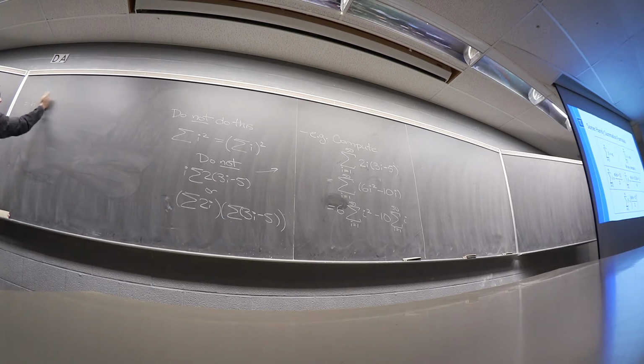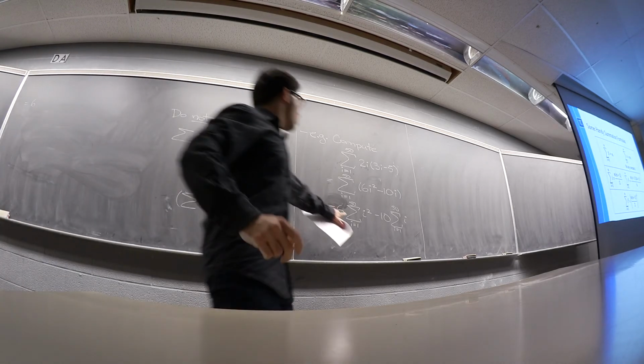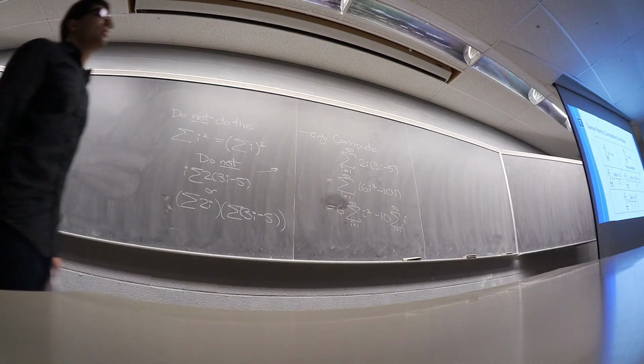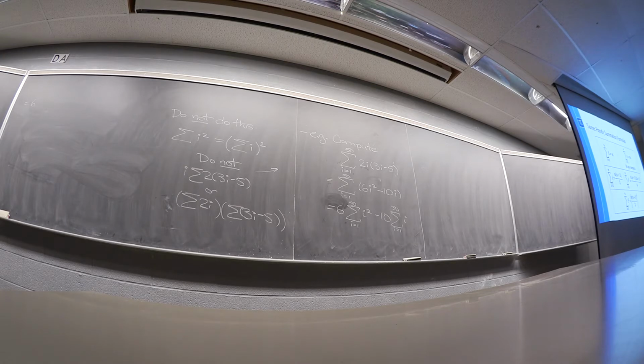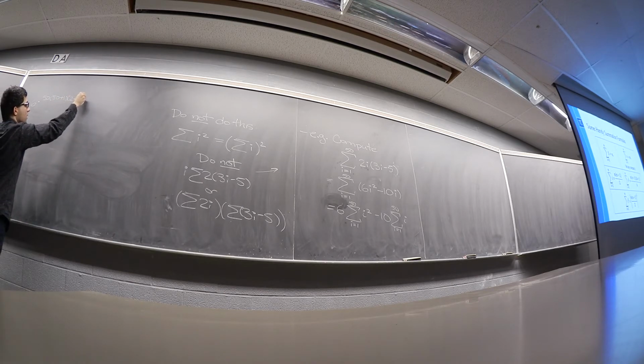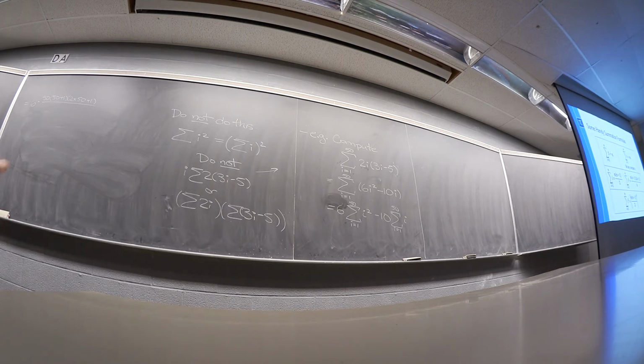Good. Okay, so the sum of the squares from 1 to 50 is going to be 50 times 51 times 101. Okay, so we just use that. So 50 times 50 plus 1 times 2 times 50 plus 1, all divided by 6.